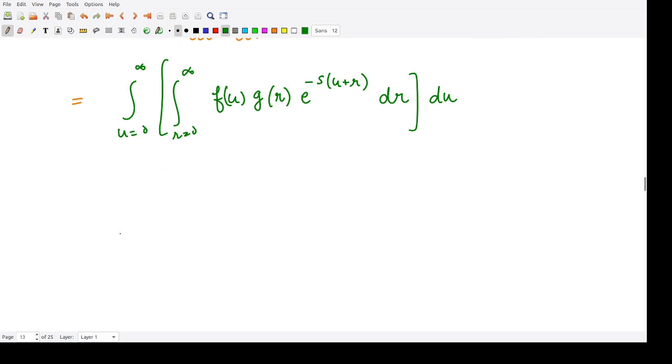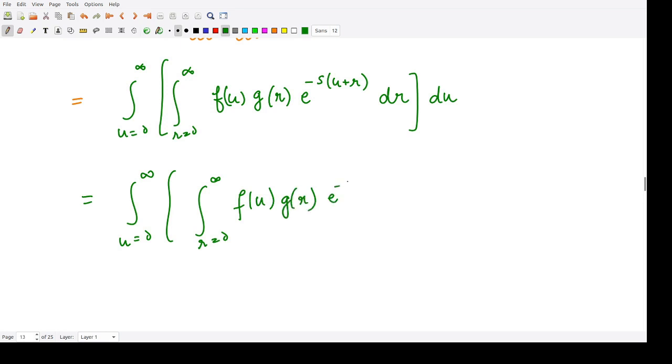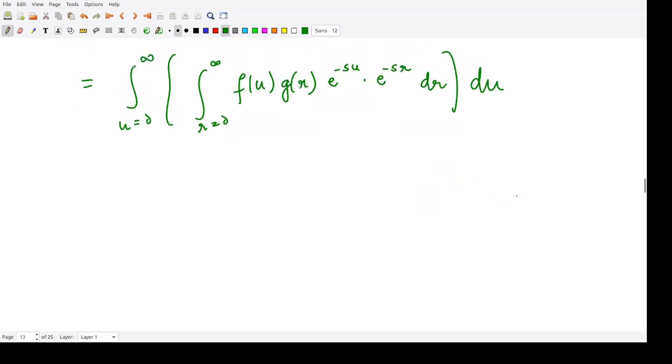Now we can separate out the terms: u varying from 0 to infinity and r varying from 0 to infinity, f of u g of r e to the power minus su e to the power minus sr dr du. These terms are independent. This is only a function of u, and the integration is with respect to u.